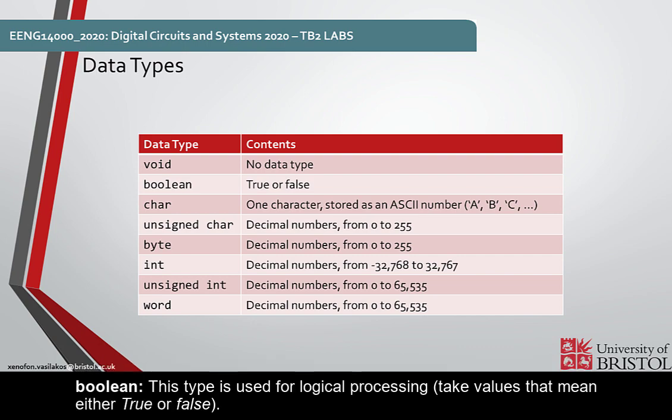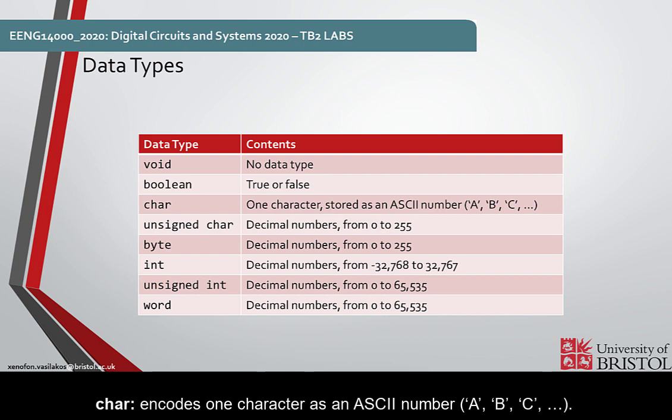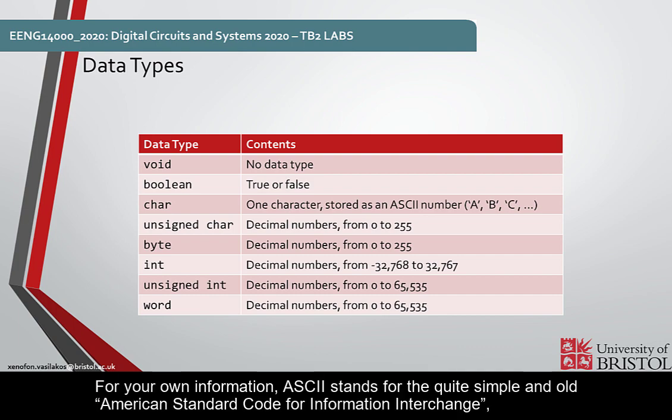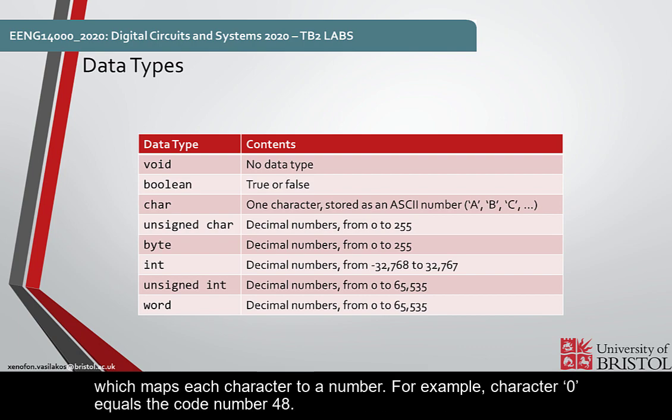Boolean. This type is used for logical processing. It takes values that mean either true or false. Char. Char encodes one character as an ASCII number. For your own information, ASCII stands for the quite simple and old American Standard Code for Information Interchange, which maps characters to a number.